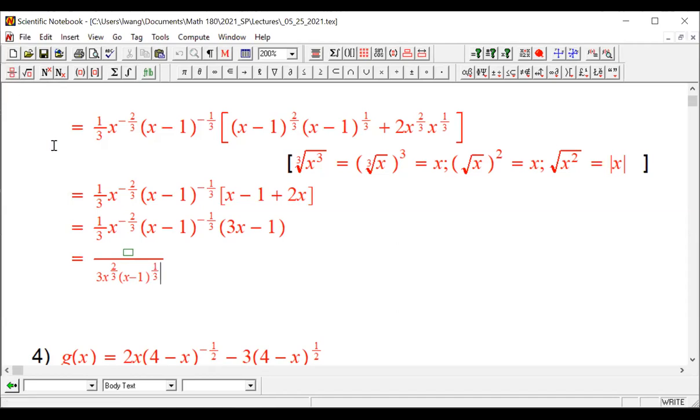You just need to understand they are in the denominator, and the denominator cannot be 0.